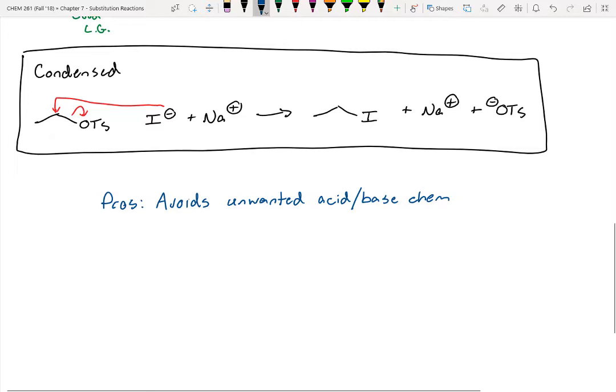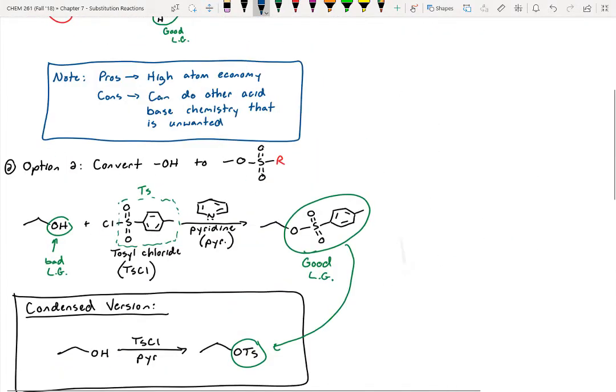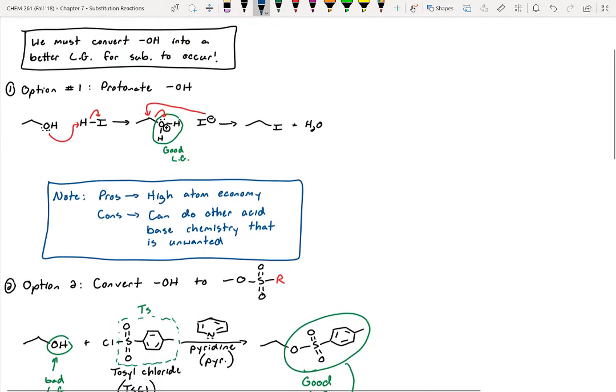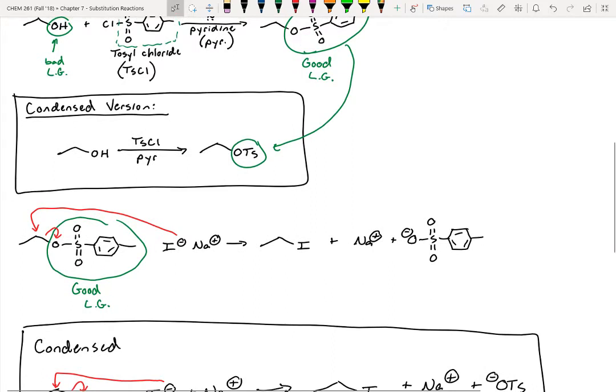So then the question is, well, why not do this every single time? Let's go back up and look at the pro up here. We said the pro with using a proton source was super high atom economy. Our only waste product for the top reaction was water. If we look at this bottom reaction, we've got a huge chunk of waste coming off, right?